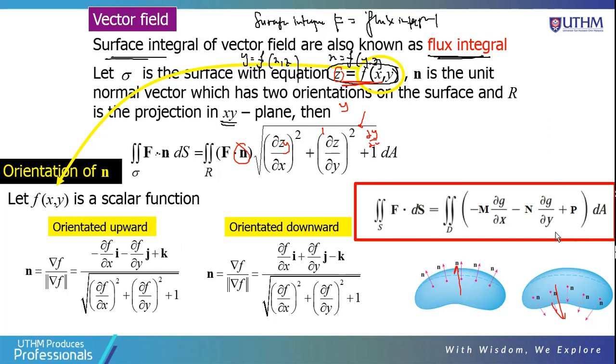So if we solve this one, f dot n, let's say you have the vector field f equal xi plus yj plus zk.